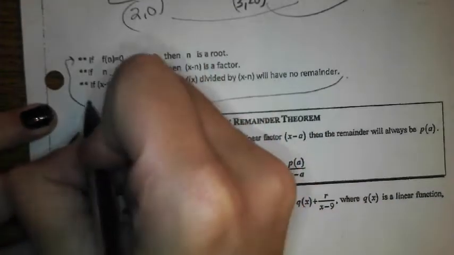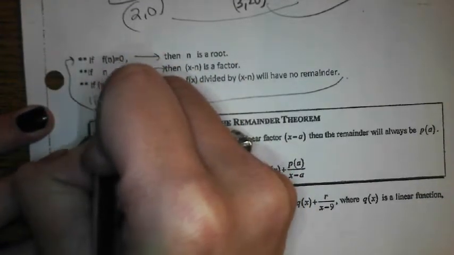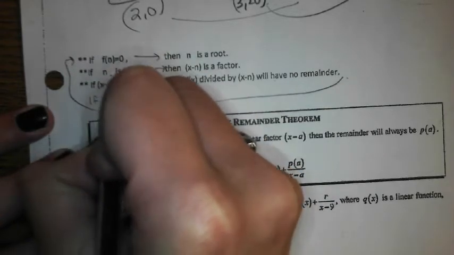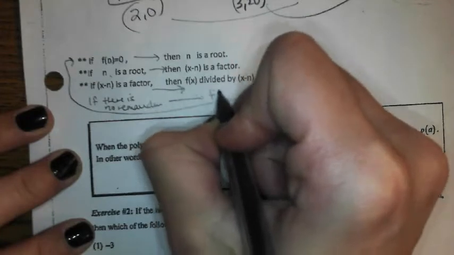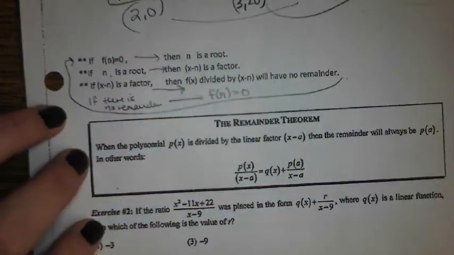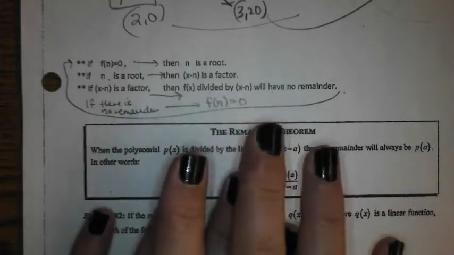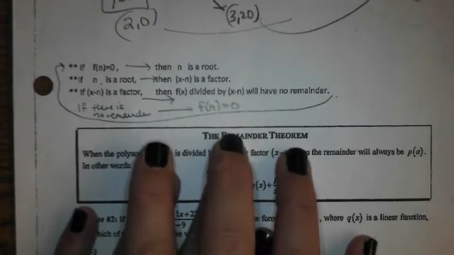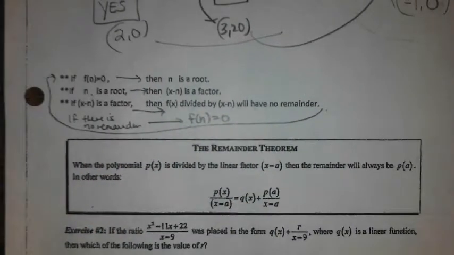I should kind of do that. If there is no remainder, then f of n is 0, and it comes full circle. And actually, just thinking of it now, I could do something similar if f of n did not equal 0.